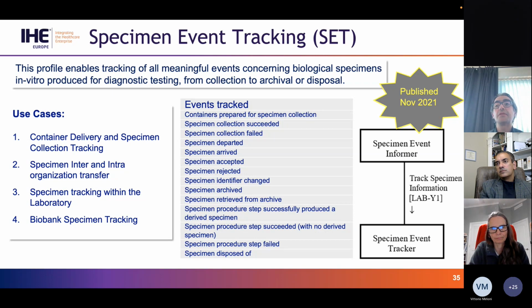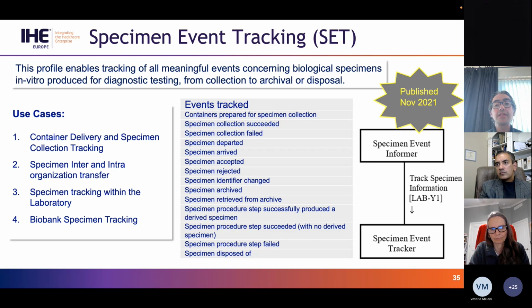So when a specimen reaches a biobank, and also where a researcher can retrieve the specimen to make some tests, and then store the specimen again in a biobank, or also the specimen needs to be disposed of after the testing, and so on. These are the four major use cases.